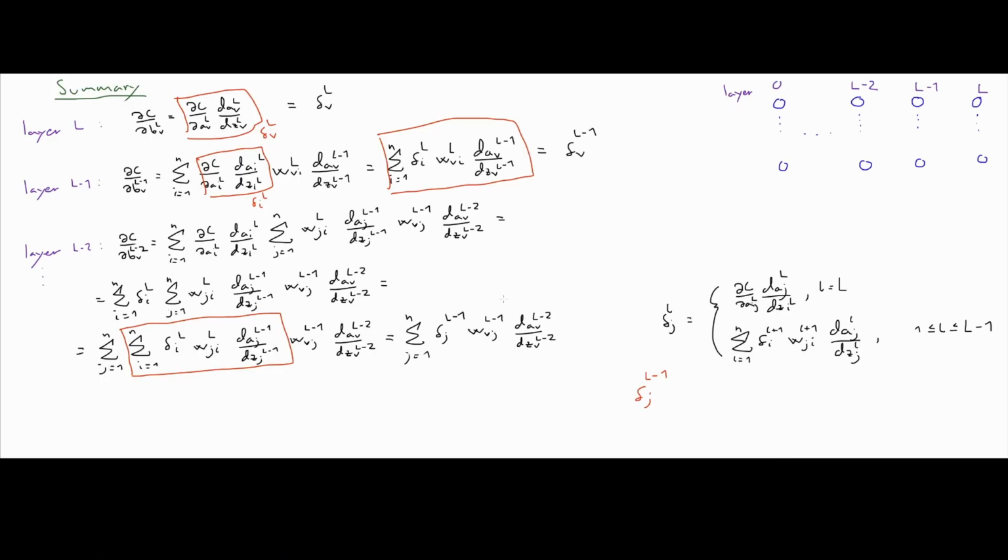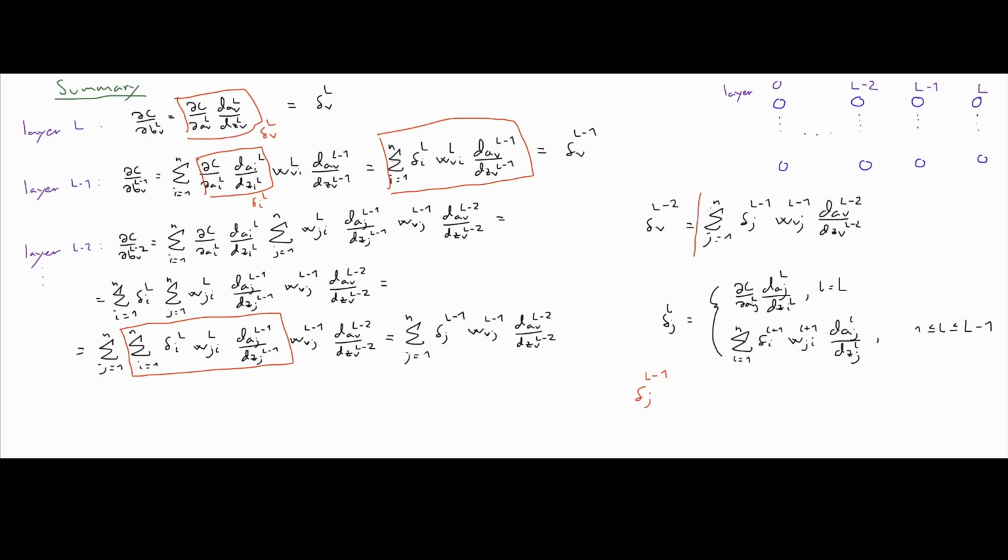Now, if we examine this expression and we go back to our delta term formula, we see that if we set the delta term for neuron V in layer L minus 2 and apply the formula using j as the summation variable, we get the sum as j goes from 1 to n of the delta term in layer j, add 1 to the index, we get L minus 1, multiplied by the weight going from neuron V to j, and again add 1 to the layer index, so we get layer L minus 1, multiplied by the derivative of the activation in neuron V in layer L minus 2.